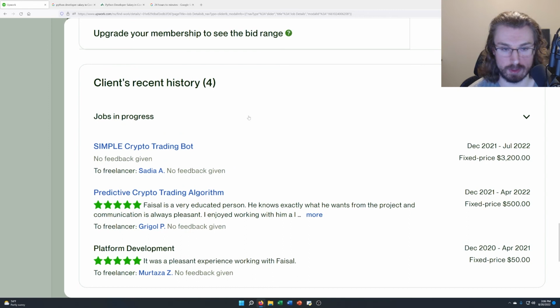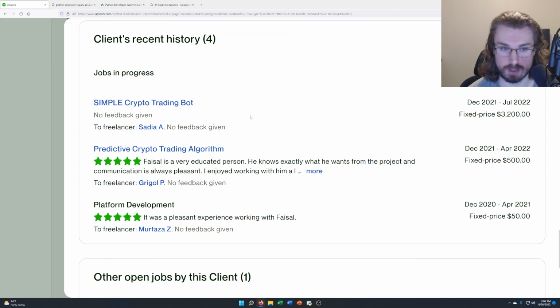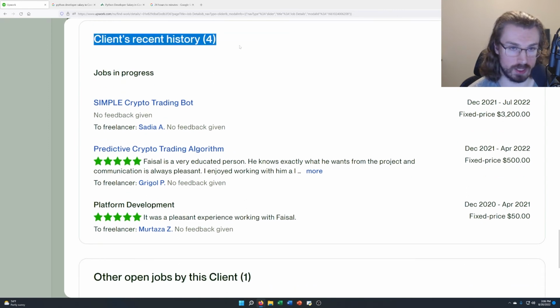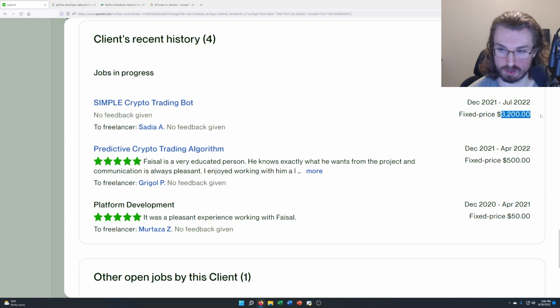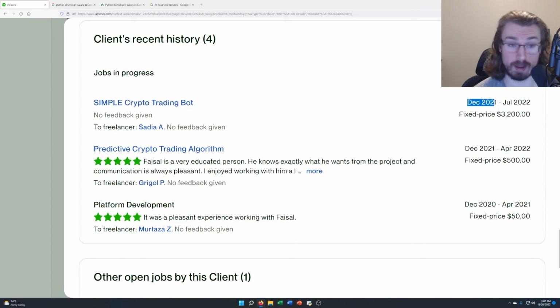See what else they have here. So here I like this part that you can see clients' other jobs basically. So they have a simple crypto trading bot, fixed price, $3,200. So here this person spent from December to July. This is what is sad, because this is probably what happened.